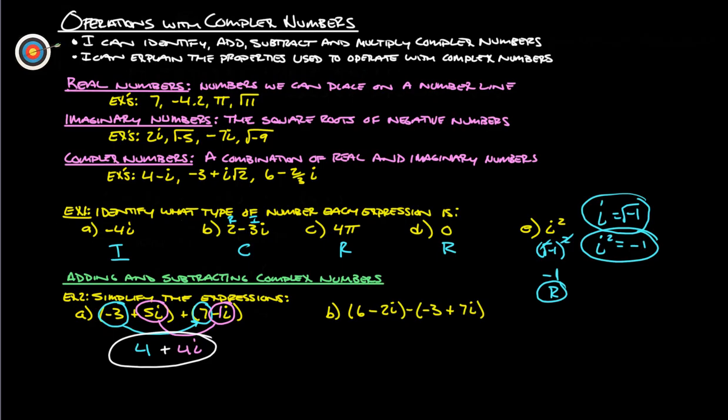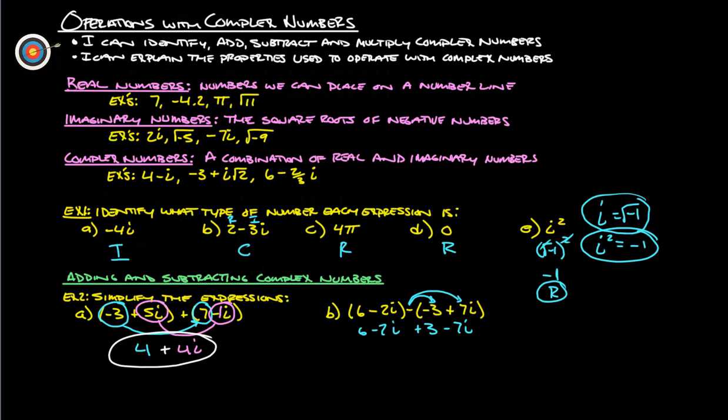Okay. Now with this one here, 6 minus 2i minus negative 3 plus 7i, these are both being subtracted. So what I would do if I were you is distribute this negative through first to both of these. And so we really have 6 minus 2i, negative 3 is plus 3, and negative and positive is negative 7i. Okay, and we really don't need these parentheses here anymore.